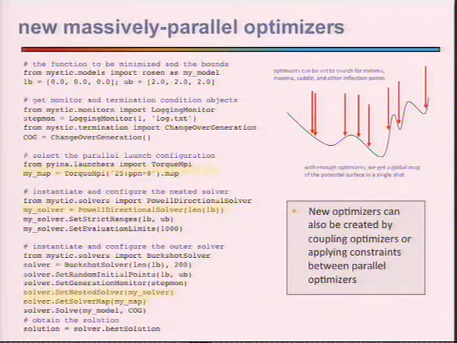I'm building a Powell directional solver, which is a steepest descent solver, and then I'm building another solver, a buckshot solver, which says I want to take 100,000 or whatever number of the steepest descent solvers and have them run in parallel and try to find the best answer as fast as possible, and then it all reports back and gives me the best one or two, or however they interact with each other.